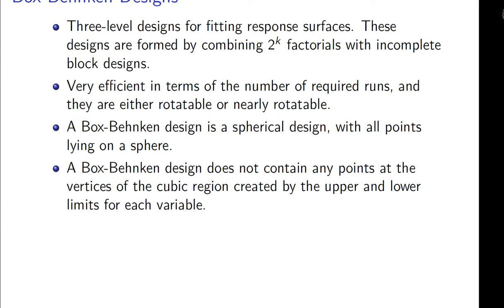Box-Behnken designs do not contain points at the vertices of cubes. These are spheres, remember. So it's not one of the first two factors that you saw, or the three-dimensional factor example that I showed you in the beginning of this part of the lecture.